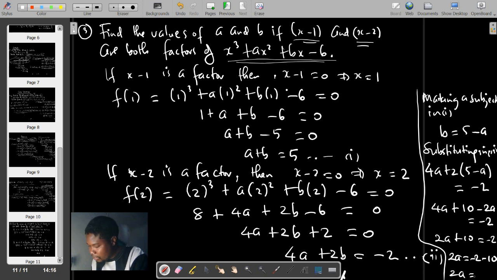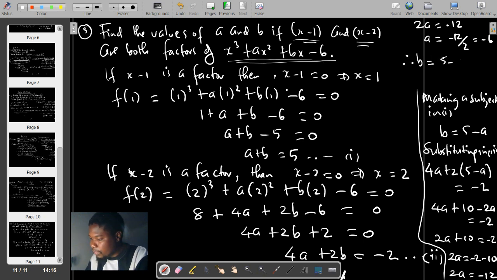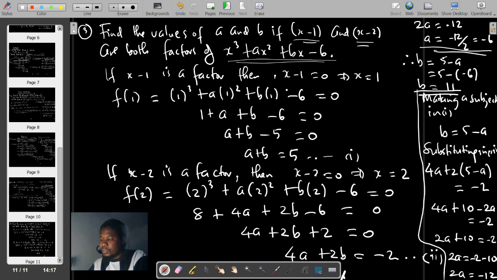That is 2a equals negative 12. So if 2a equals negative 12, therefore a will be equal to negative 12 divided by 2, giving us negative 6. That's the first value we found. Therefore, b will be equal to 5 minus a, which is equal to 5 minus negative 6. That gives us a positive 11. So we found the answers: b is equal to 11 and a equals negative 6.